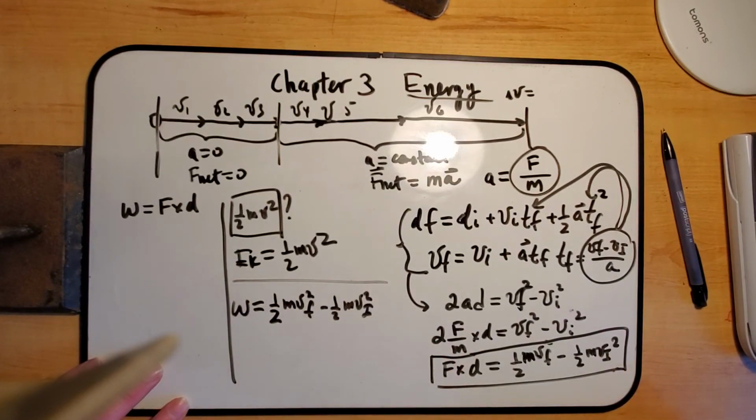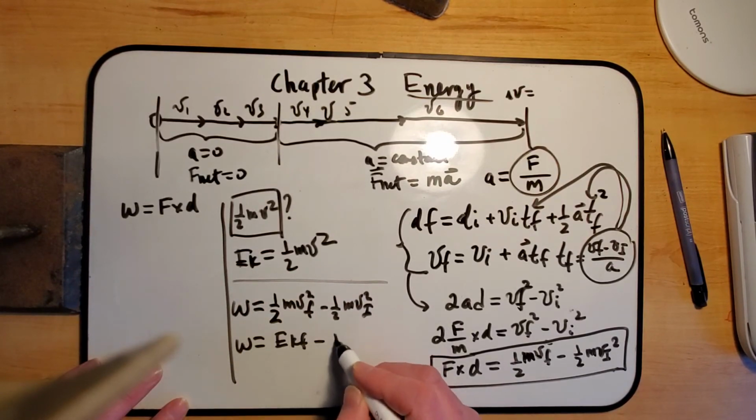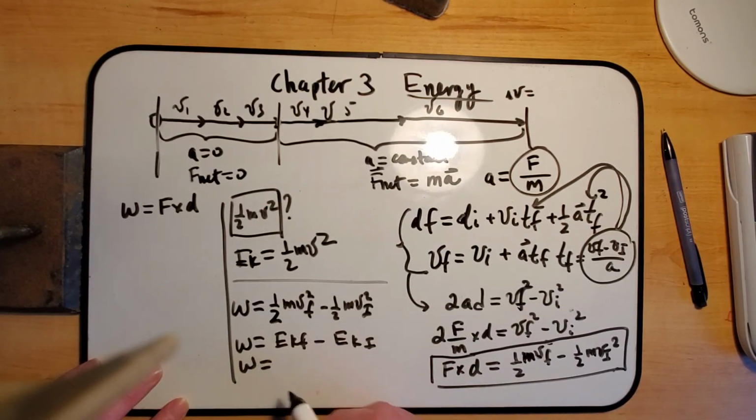And so we know now this is E sub k, kinetic energy final minus kinetic energy initial. So work as the object moves is nothing else but the change in kinetic energy. Okay, and that's important because work is not a type of energy. Work is just transfer of energy.